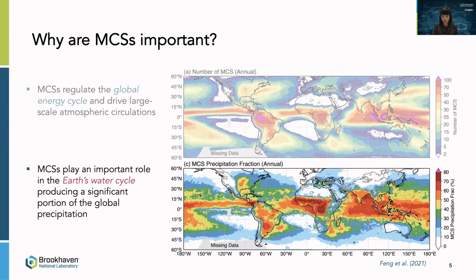Of course, there are strong seasonalities associated with the migration of the ITCZ of the region. But I want to draw your attention to the continental US. In the central region, you can see that MCSs produce more than 50% of the annual precipitation there. And we are going to look into these MCSs in the following of the talk.